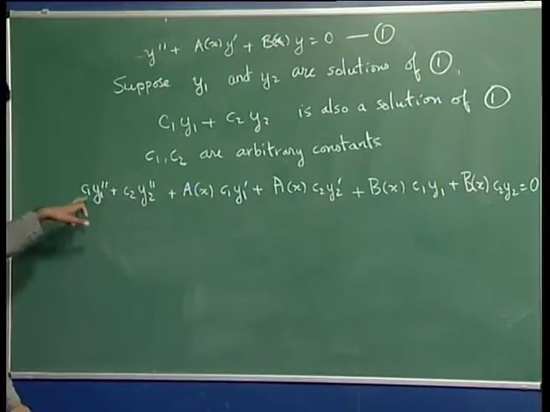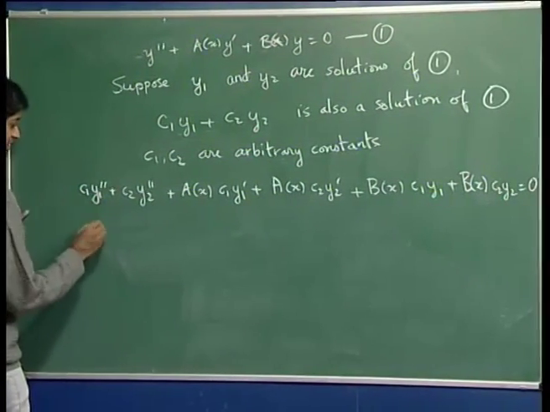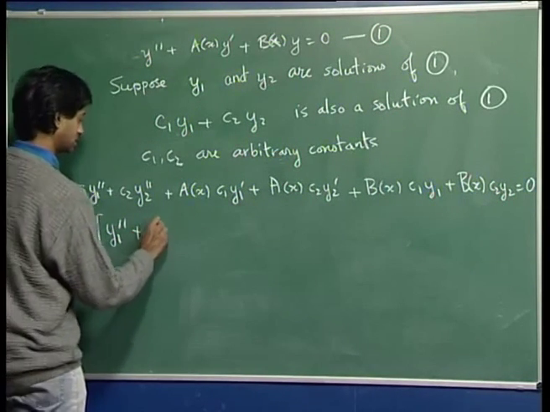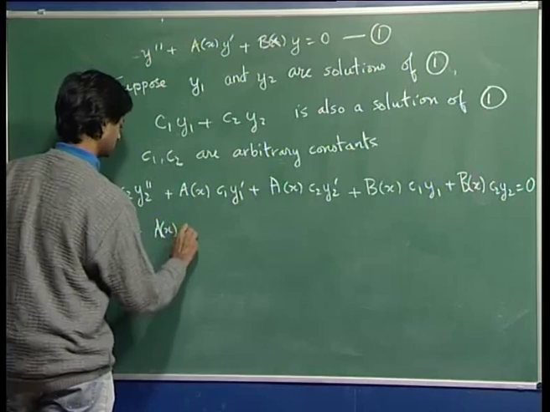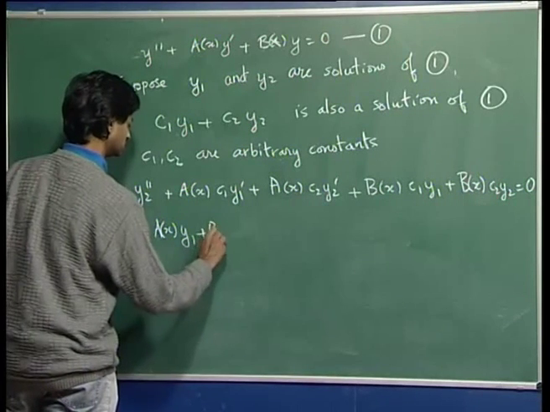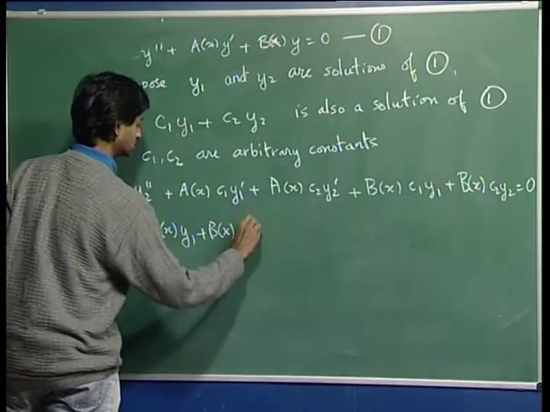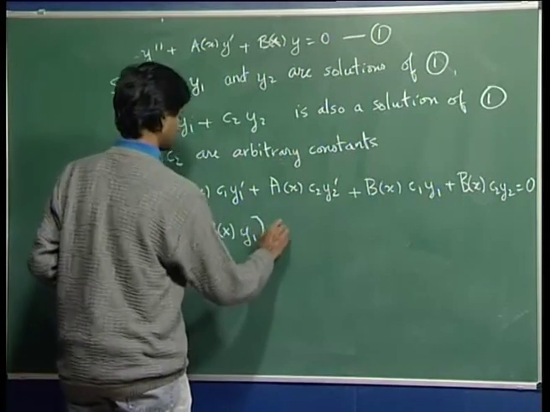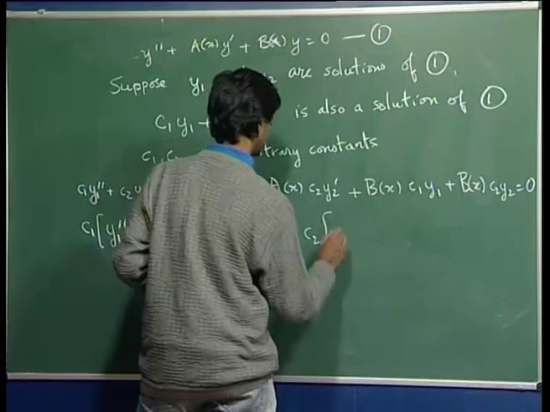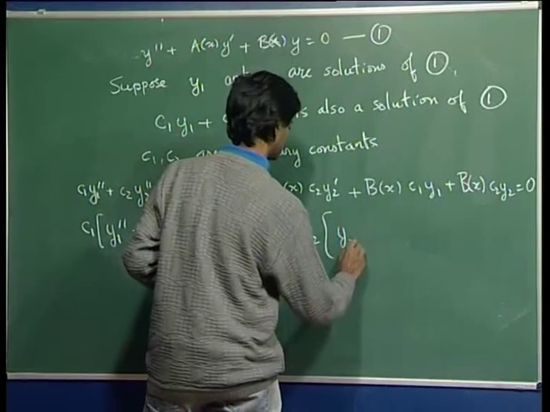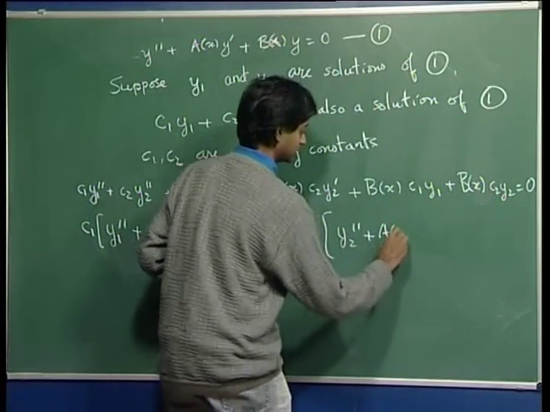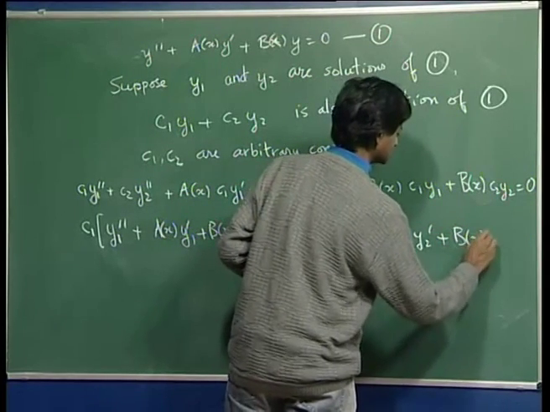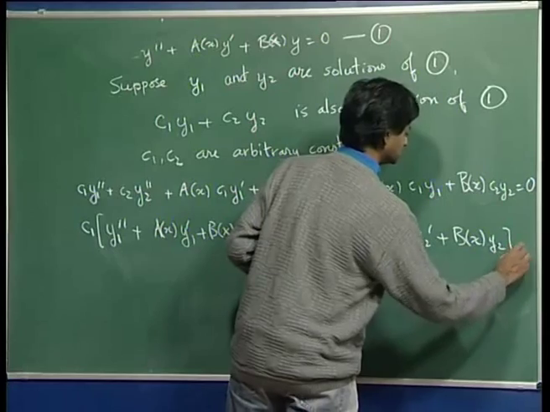Okay. And what you can see immediately is that you take the C1 terms, you will get C1 times y1 double prime plus A of x y1 prime plus B of x y1, plus C2 times y2 double prime plus A of x y2 prime plus B of x y2, equal to 0.